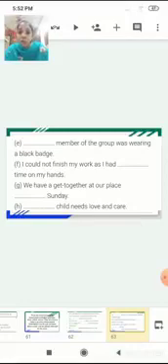Each member of the group was wearing a black badge. I could not finish my work as I had little time on my hands. We have a get together at our place dash Sunday. This Sunday. Dash child needs love and care. Every child needs love and care. So with this, we come to an end of this lecture.